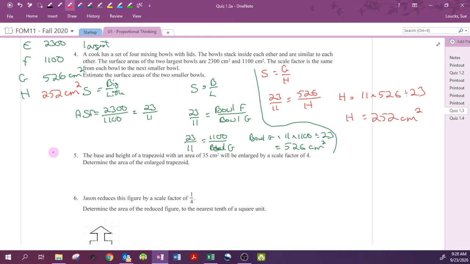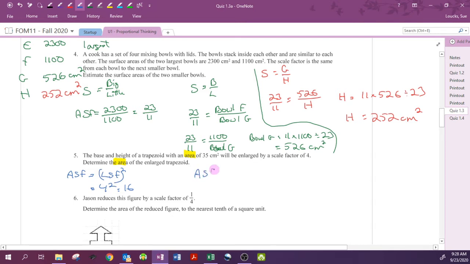The base and height of a trapezoid with an area of 35 centimeters squared will be enlarged by a scale factor of 4. Determine the area of the enlarged trapezoid. So we're comparing area to area, so we need an area scale factor, right? So the area scale factor is the linear scale factor squared. So that's 4 squared, which is 16.